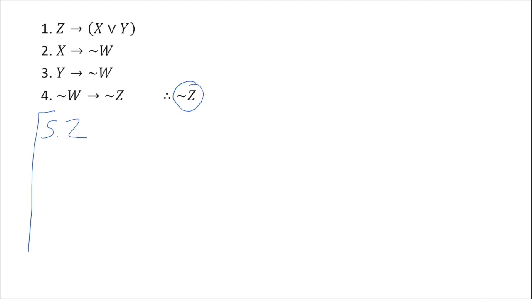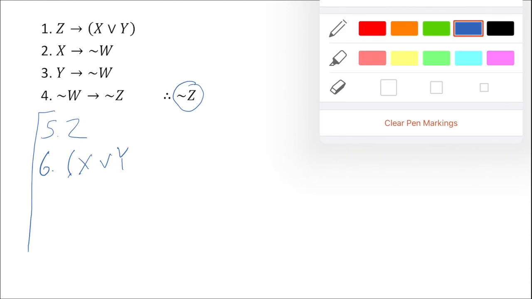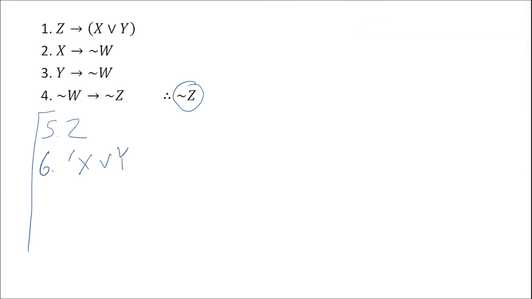In this case, that's tilde Z. From tilde Z, we can conclude X v Y from 1, 5 modus ponens. And once I have X v Y, what I see is that I have those two right there.